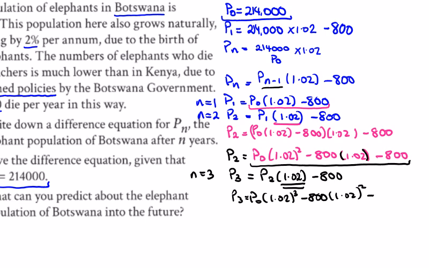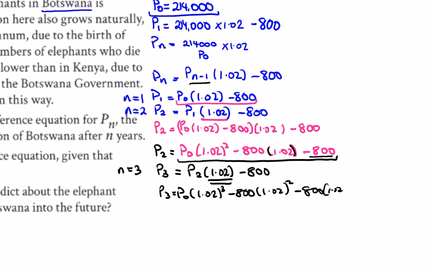And then we're going to get minus this 800 by the 1.02, and then we're going to take away the 800 at the end, and this will create a pattern for us.